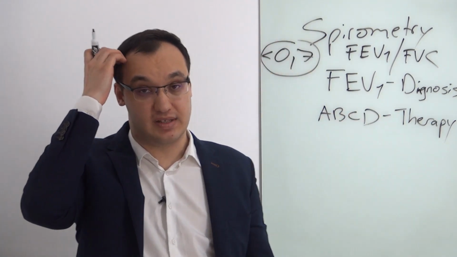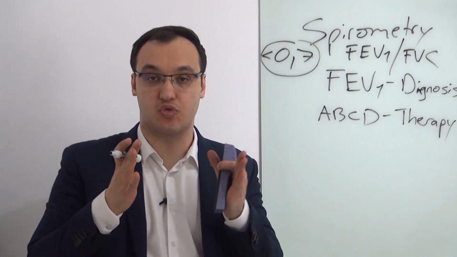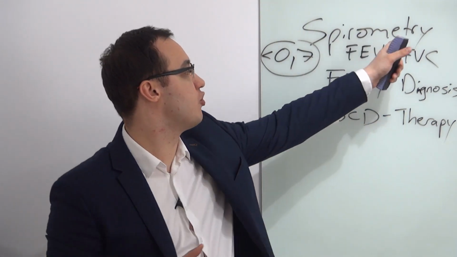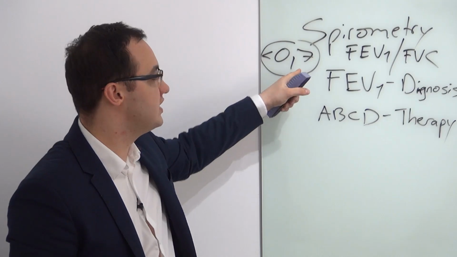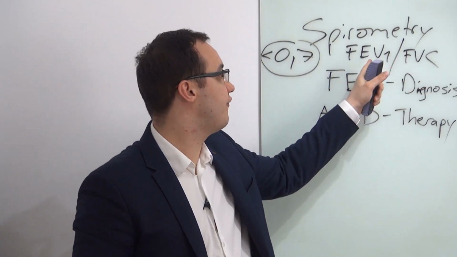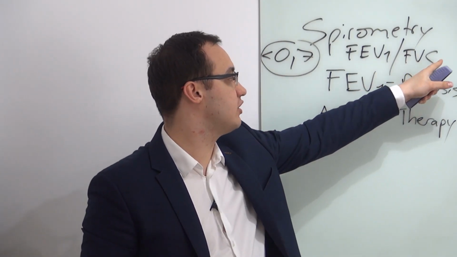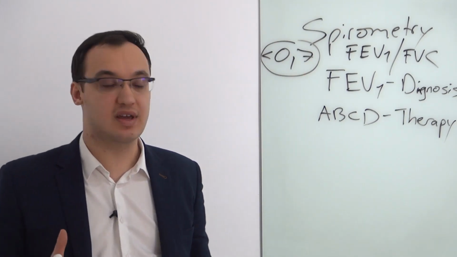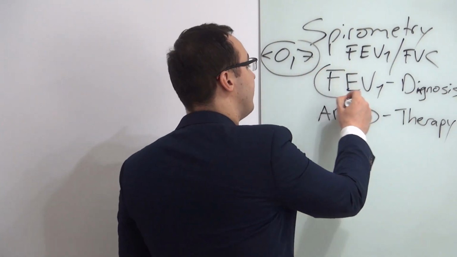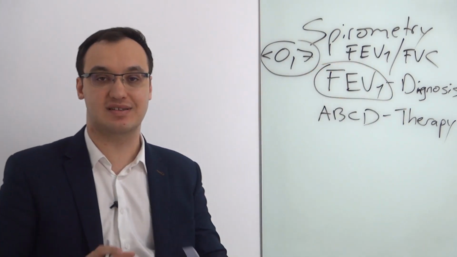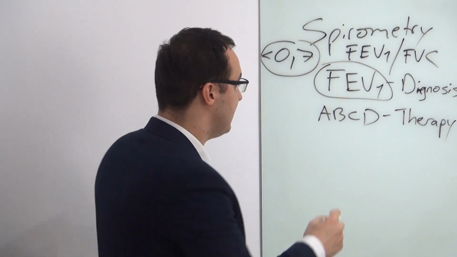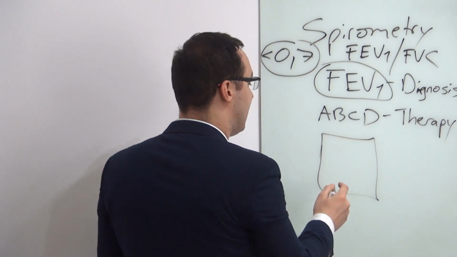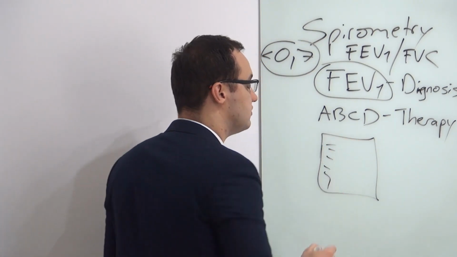What does this all mean? We see that we have an obstruction in the lung by using the spirometry, and we see that by this ratio of FEV1 divided by forced vital capacity being less than 0.7. Then we know that we can take this FEV1 value and compare it to the population. There exist tables that you can download, and in this table we will have some values of normal people.